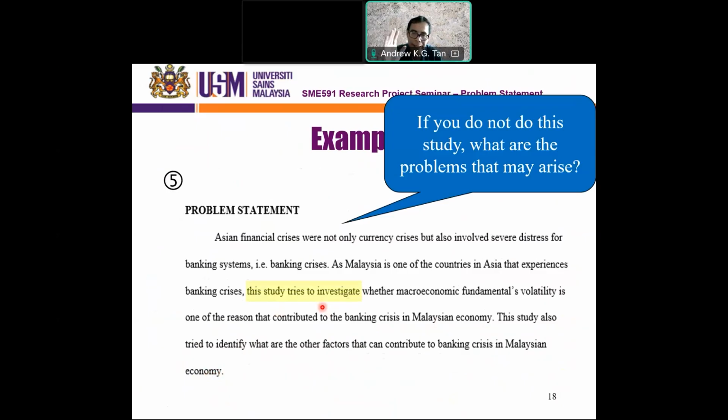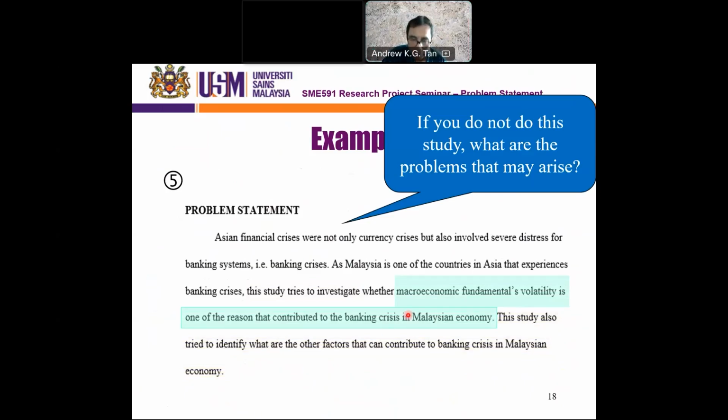Don't put statements like this in your thesis. Say "this study investigates" or "this study examines." Don't say you try to do it or not try to do it. So this is not a good problem statement either, although it is short.